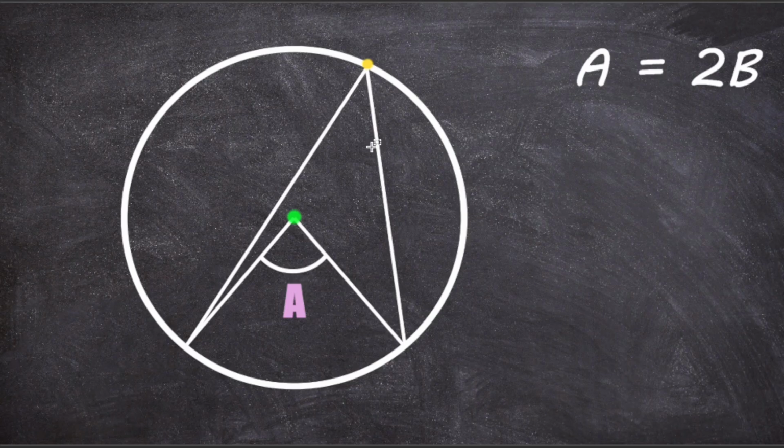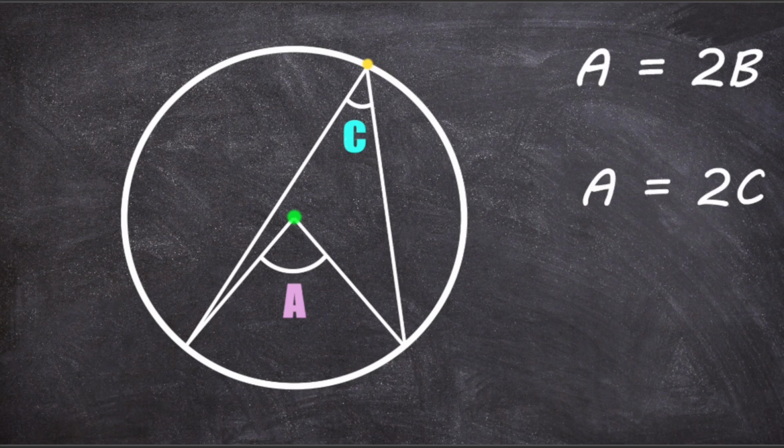This creates another angle, so let's mark the angle, and this time we'll give the angle the label C. But the theorem that says the angle at center is double the angle at the edge applies here also. So A must be equal to 2C.